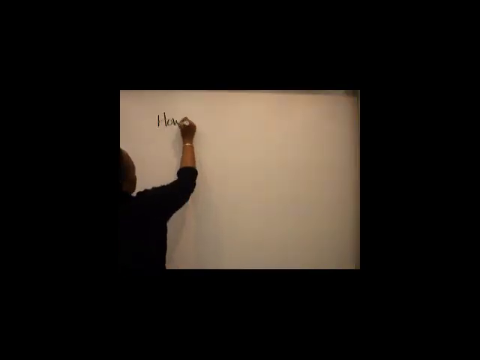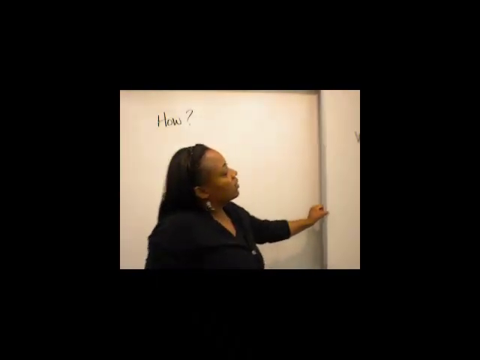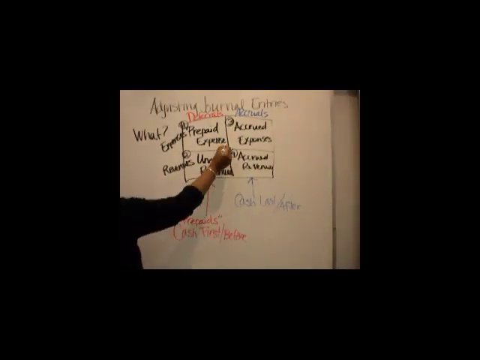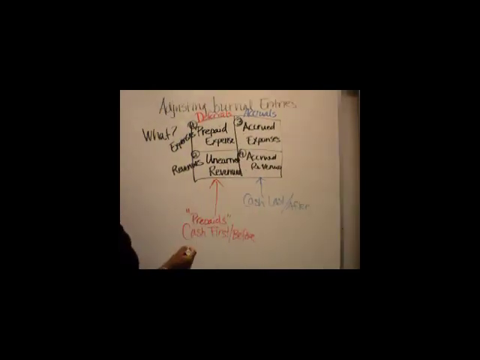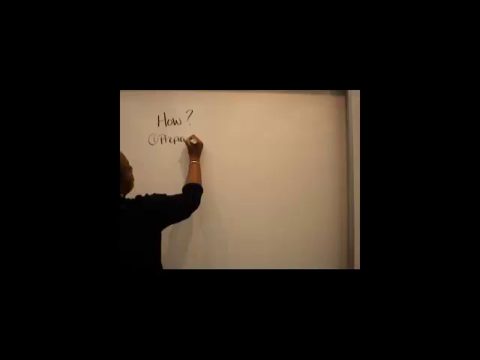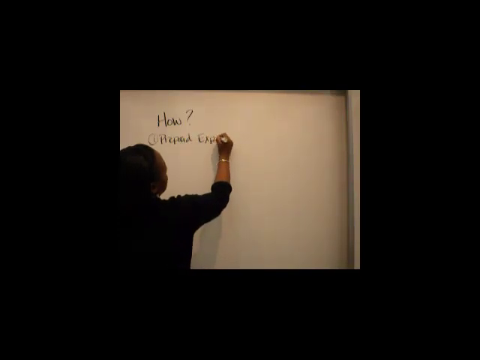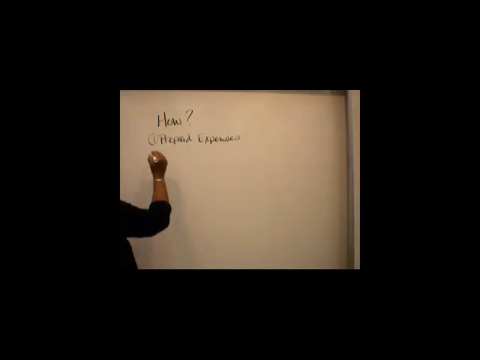And the last question is how. So going back to what we had, 4 types: prepaid expense, unearned revenue, accrued expenses, and accrued revenue. The first one, prepaid expenses. You will have your initial journal entry.